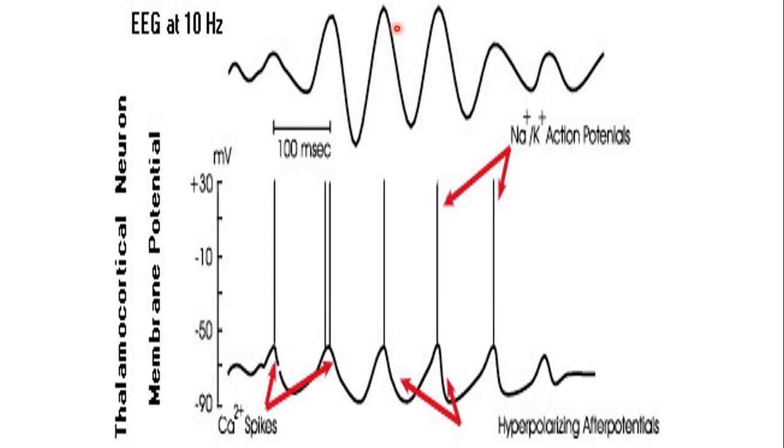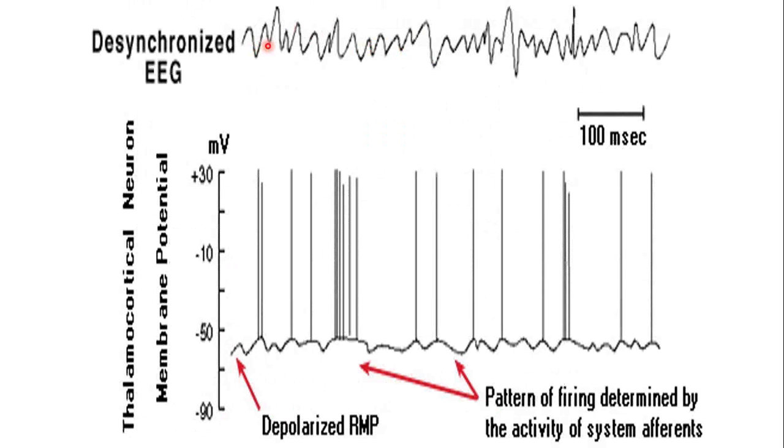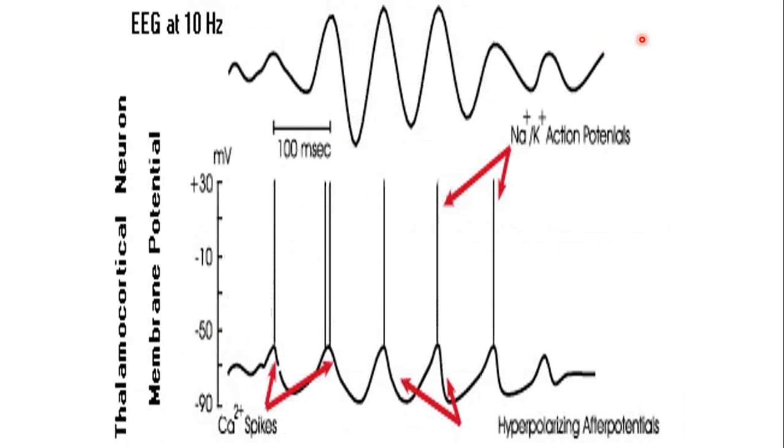We would call this a more synchronized pattern than what I'm going to show you here, which is a desynchronized pattern or a beta pattern. The beta pattern might be 25 hertz, and this pattern we already know. We identified it as 10 hertz. So what is the essential difference?